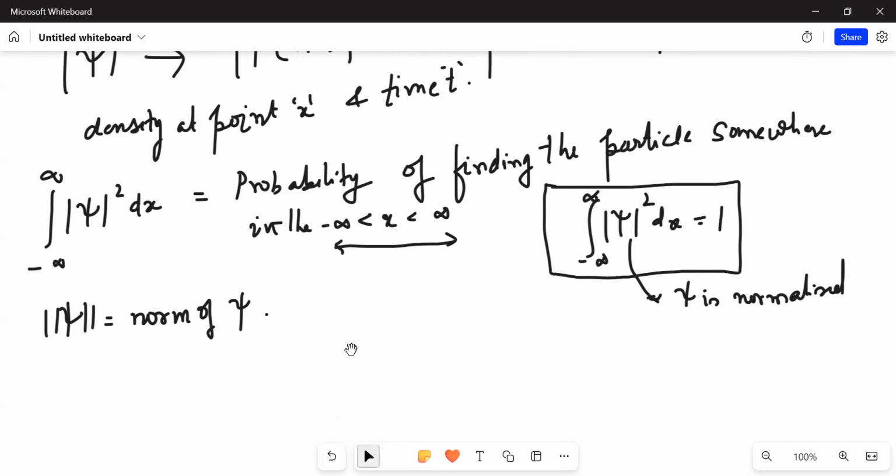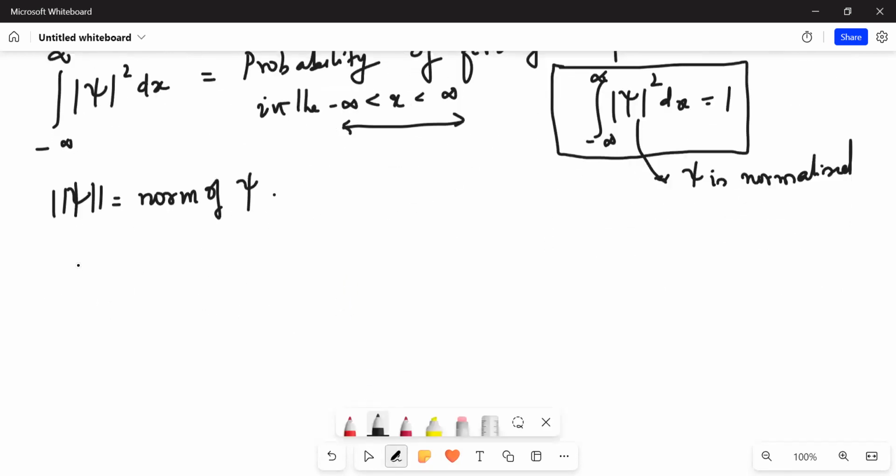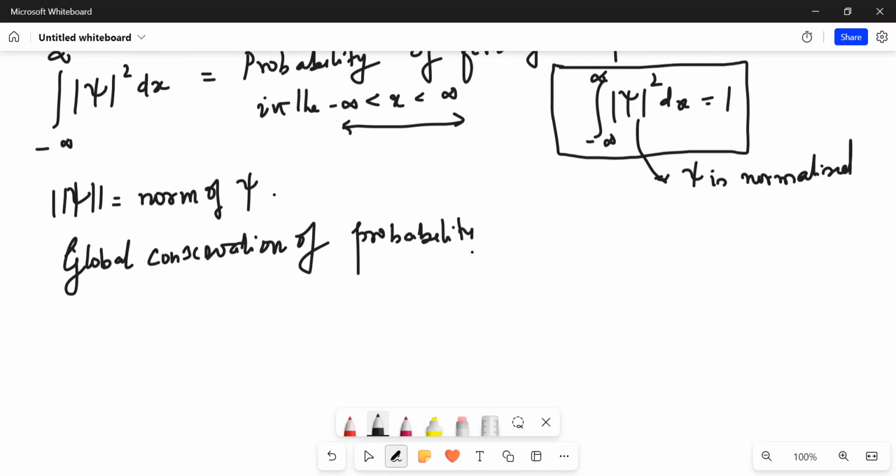We've also seen global conservation of probability, by which I mean that i h-bar del by del t of the integral of psi mod whole square dx is equal to 0.